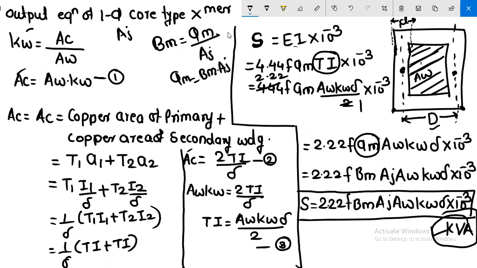Window space factor is defined as it is the ratio of total copper area to the total window area. Total copper area to the total window area.